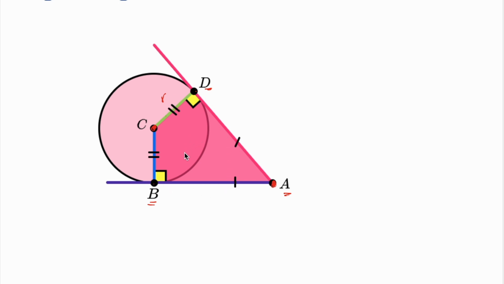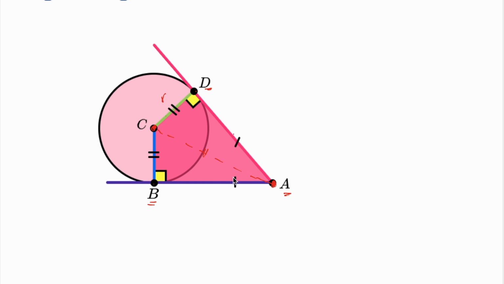And there is another point that is important to know, which is that if we hypothetically draw a line from the center of the circle to the origin vertex of the tangents, then we will get two triangles, and these two triangles are congruent triangles, which means that their sides are equal and the angles are also the same. So this side is the common side for both the triangles.